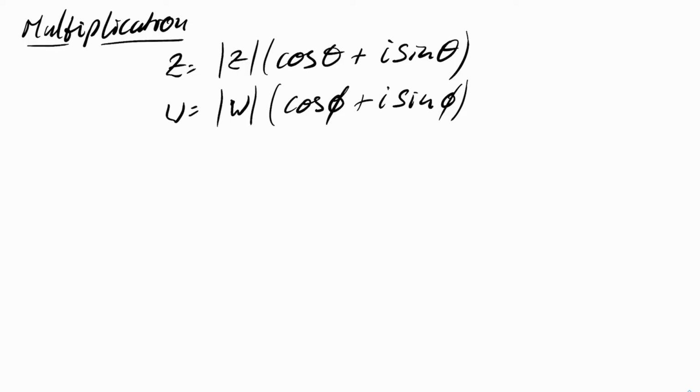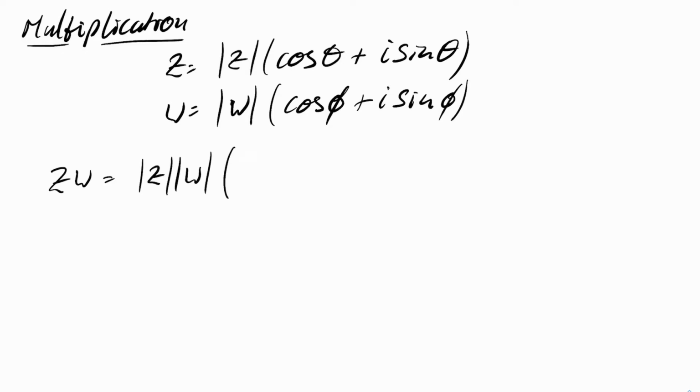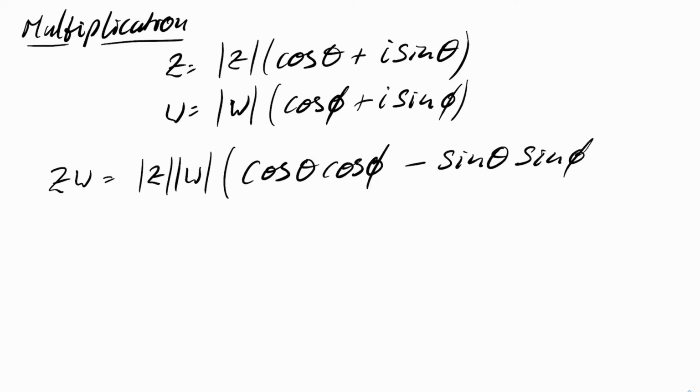Let's have a look at multiplication and division of complex numbers. Using the modulus argument form, we can see that this gives us a geometrical way to visualize what's going on. Let's take two complex numbers, w and z, and write them in their modulus argument form. What I'm going to do is multiply them together and then simplify. So if I gather the real and imaginary parts separately, I have cos theta cos phi minus sin theta sin phi, where the minus comes from the i squared factor, gathering the imaginary terms.